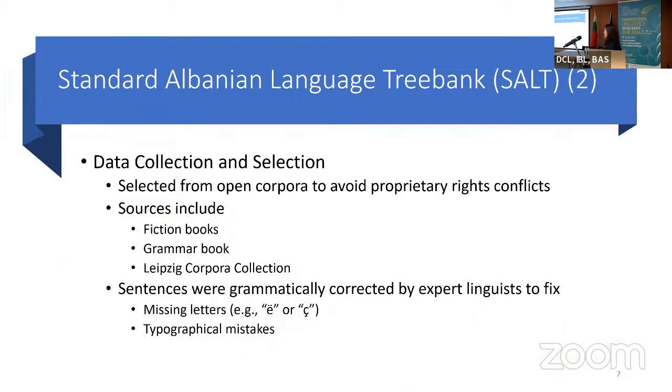One of the first things that we did when we started the project was data collection and selection. We selected the sentences in our corpus from open source corpora, to avoid conflicts in property rights, and also to have some more complex sentences.